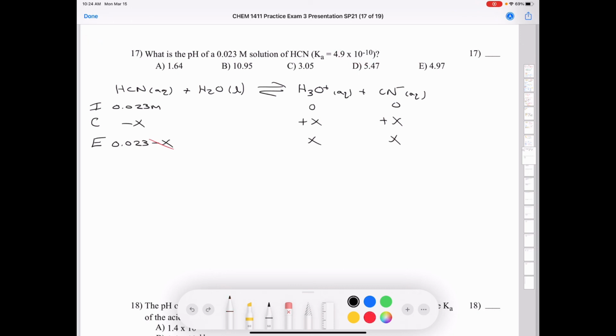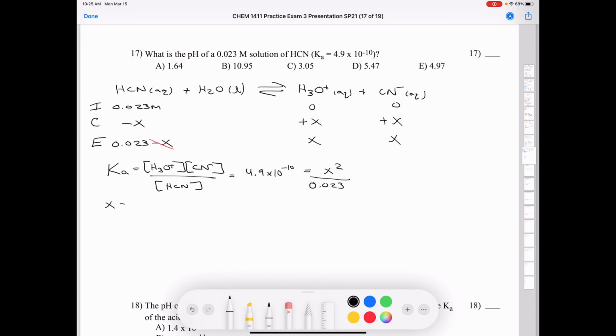So I get that my Ka, which is equal to the concentration of hydronium times the concentration of cyanide divided by the concentration of HCN, is equal to 4.9 times 10 to the negative 10, which is equal to X squared over 0.023.